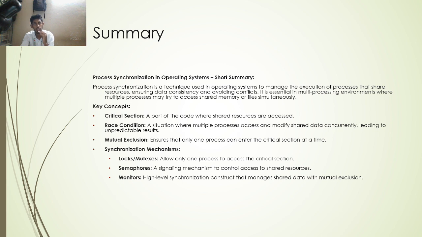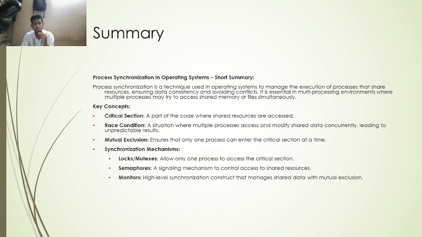In critical section, we have a part of code where shared resources are accessed. Race condition means a situation where multiple processes access and modify shared data concurrently, leading to unpredictable results. Mutual exclusion ensures that only one process can enter the critical section at a time.